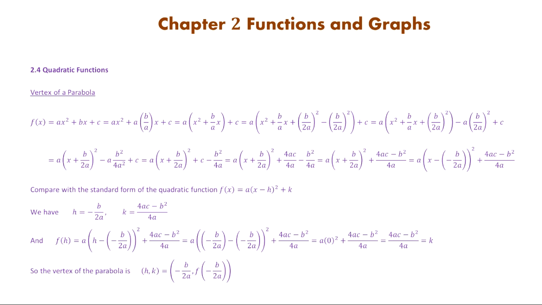So the point is, you can find the vertex of the parabola as negative b over 2a and f of negative b over 2a. Okay. Or f of h. So this formula gives us the way to find the vertex of the parabola from the general form ax squared plus bx plus c. f of x equal to ax squared plus bx plus c.